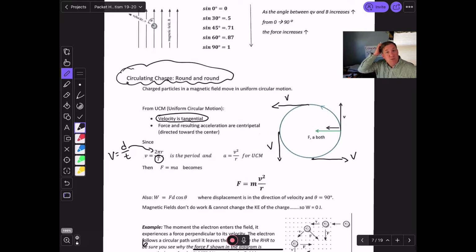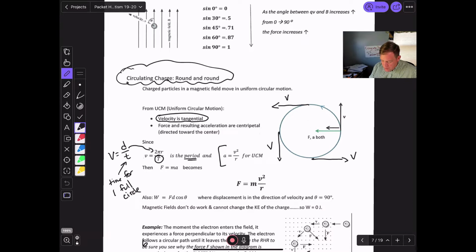That's something we'll use more in the future. T stands for period. It's the time for one full circle. And therefore, the distance around the full circle divided by the time for the full circle, that ratio becomes your tangent velocity. So it's a little bit different than figuring out velocity in a straight line, but not that bad.